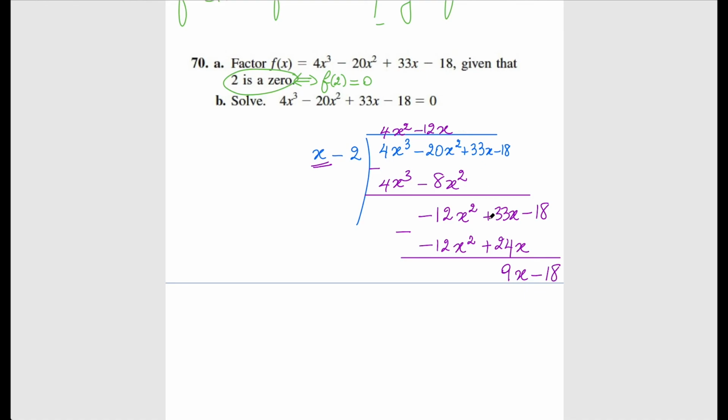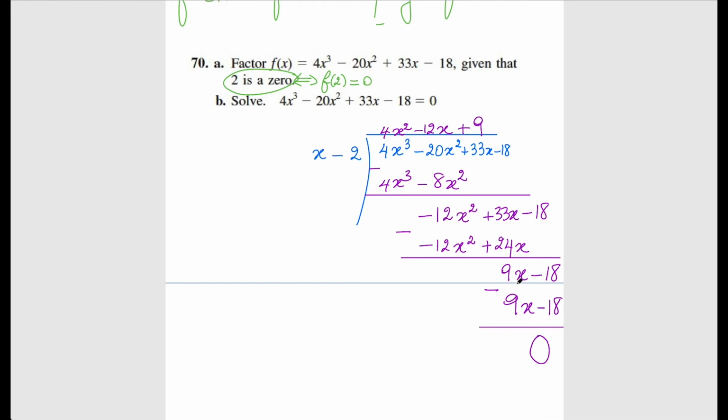So x times what is 9x? Well, that's going to be 9, correct? 9 times x is 9x. And 9 times negative 2 is negative 18, right? And now if you subtract, you see that you get that remainder 0, which is f of 2.